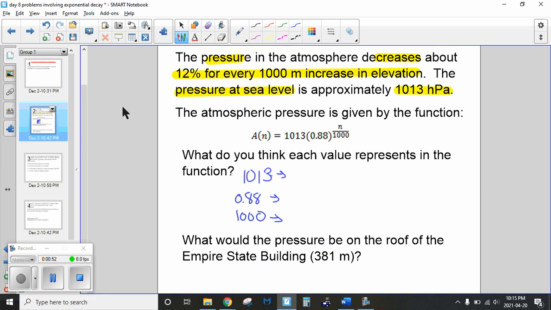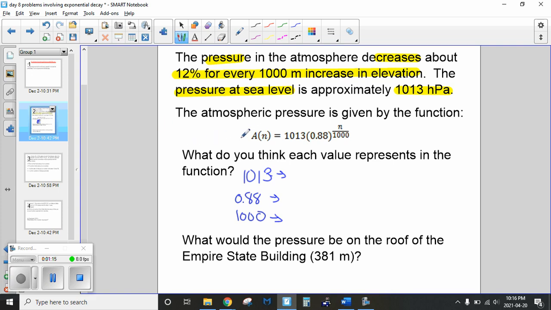Okay, so every time you go 1,000 meters higher, there is 12% less atmospheric pressure. At sea level, air pressure is approximately 1,013 hectopascals, HPA. The atmospheric pressure is given by this function.